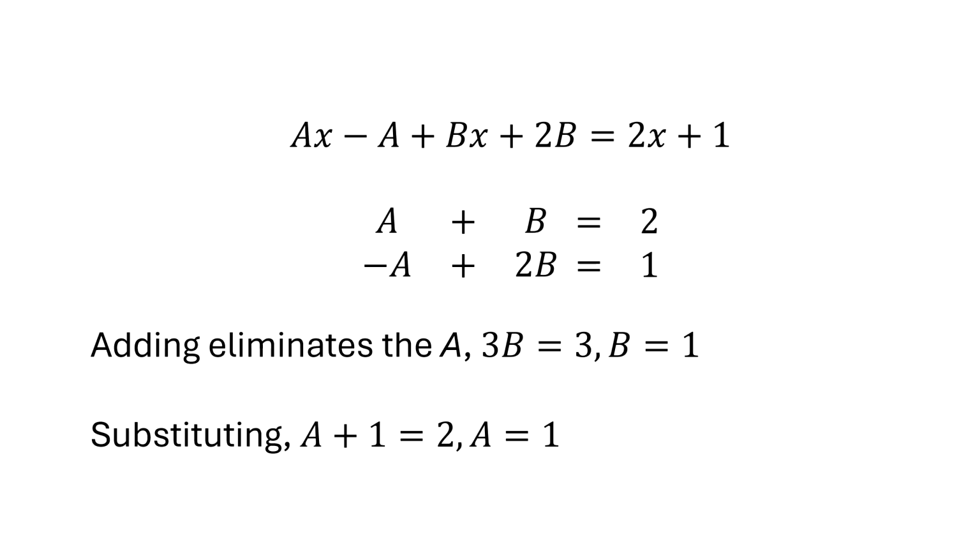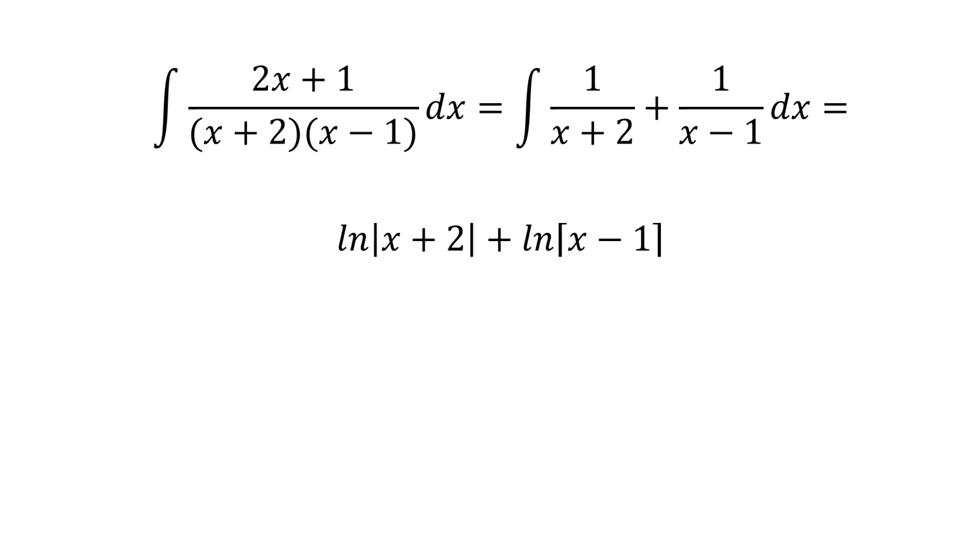Well, if I substitute for A and B, I have 1 over x plus 2 and 1 over x minus 1. Well, you recognize that if I let u be x plus 2, du is simply dx, and so I have a logarithm. So I have the natural log of the absolute value of x plus 2.